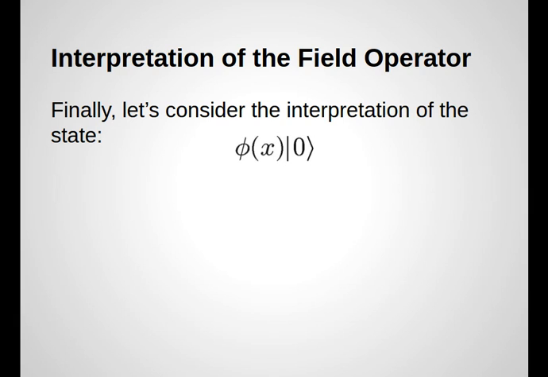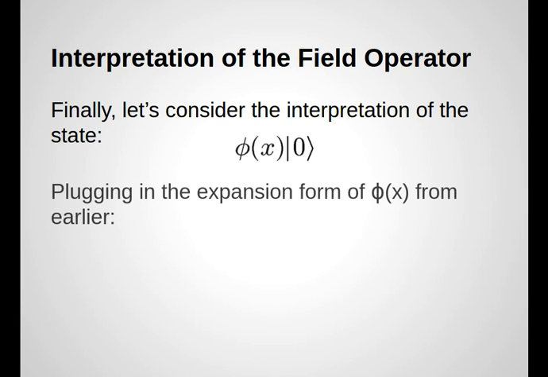Okay. So what I can do is I can take our Fourier transform and plug it in, right? And what's going to happen? Well, remember that the phi in momentum space has an A and it has an A dagger. Okay. So the A, when it hits that vacuum, it's going to go to 0, right? So the 0 goes away. The A dagger is going to give me a single particle state, right?